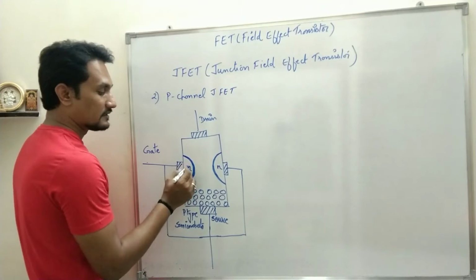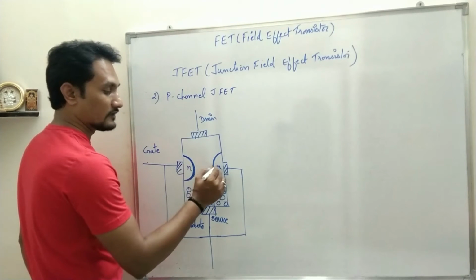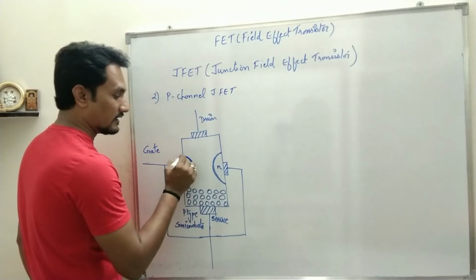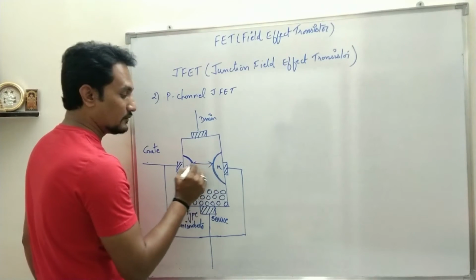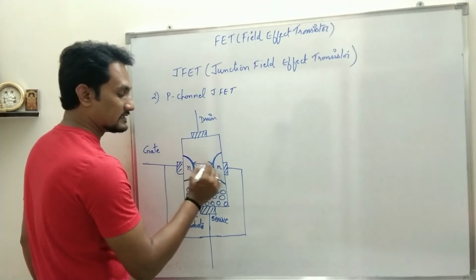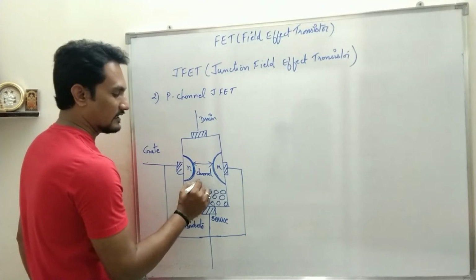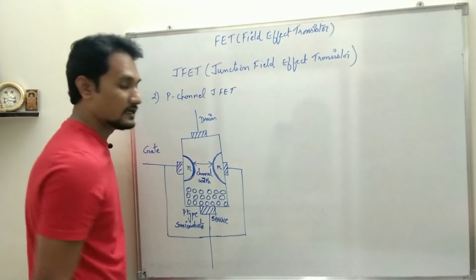On either side of the semiconductor we have doped pentavalent impurity so that we get N region. As soon as a PN junction is formed, a depletion layer will be there, and the area between these two PN junctions is called channel, or channel width.